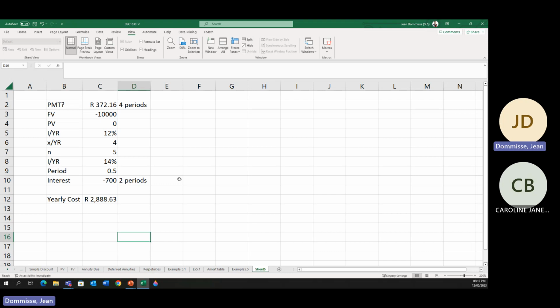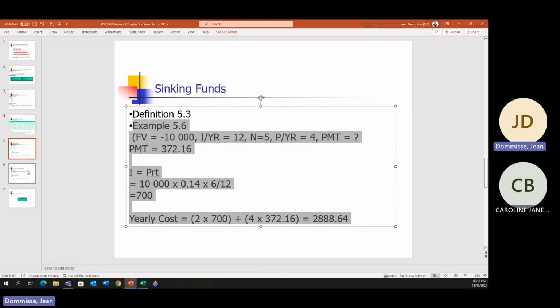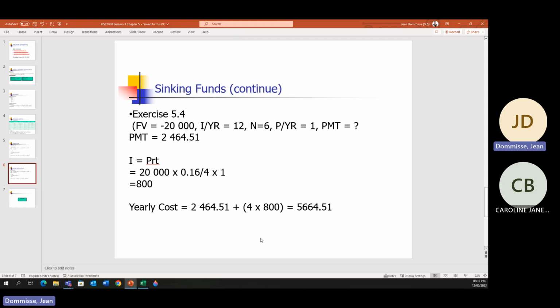Okay, so for now, we have basically looked at the sinking fund part as well. What for me is important is that in each of the ways, from simple interest through to sinking funds, everything has a way of being done.